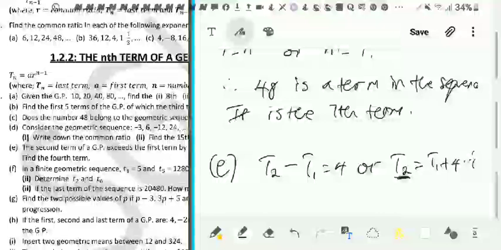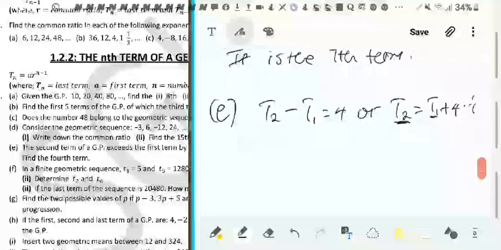So T2 is 4 greater than T1. Or you say T2 minus T1 is equal to 4. This means that when you subtract T1 from T2, you will get 4.